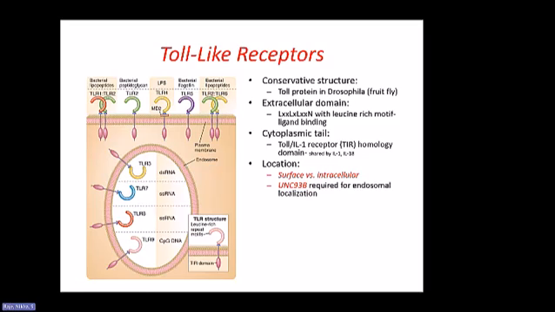So let's start our discussion about the toll-like receptors. So toll-like receptors are present either, as I said, on the surface of the cell or in the endosomal membrane of the cells. These are numbered. TLR 1 to 9 are the ones that we'll talk about today.